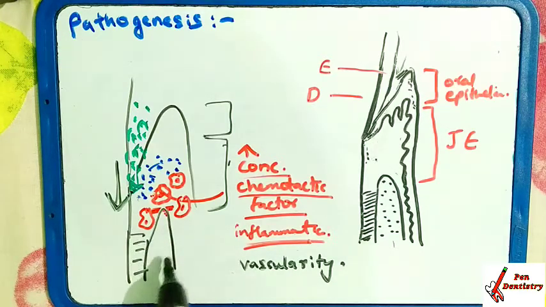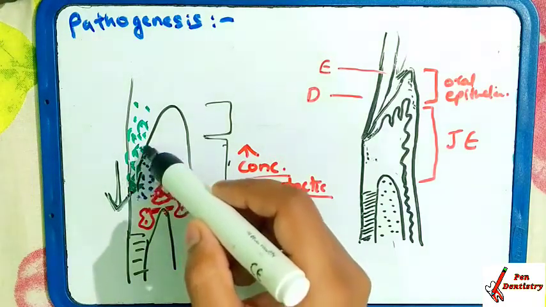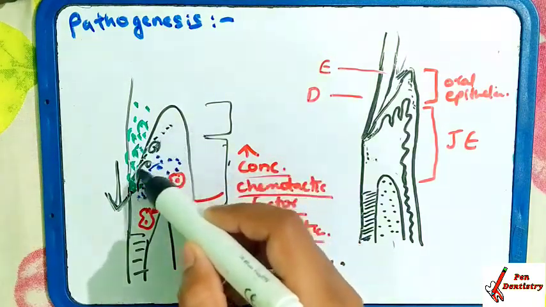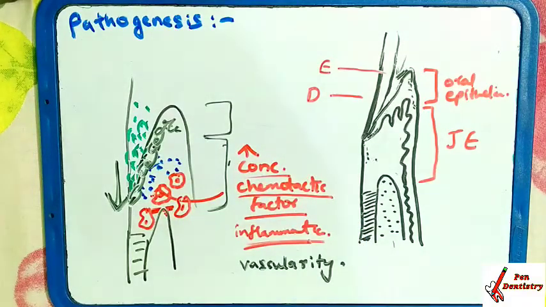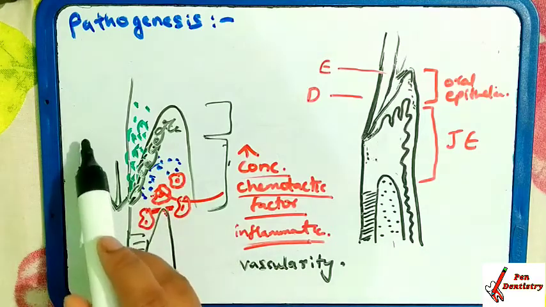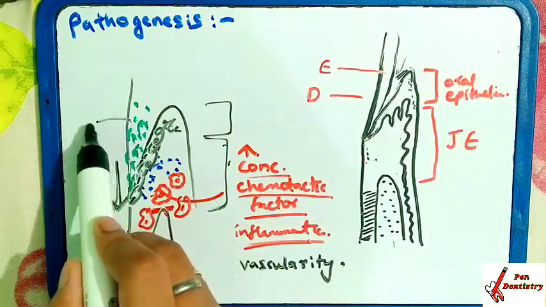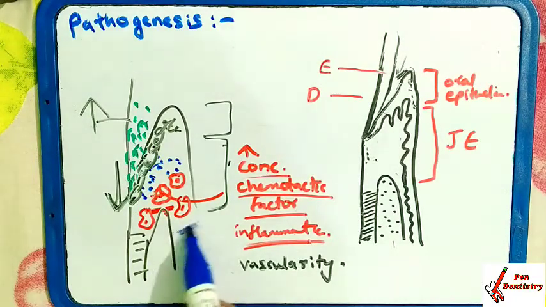Now the neutrophils have arranged themselves in this junctional epithelial region, but still they can't do anything, because the bacteria level is so high that the neutrophils are not able to defeat them.